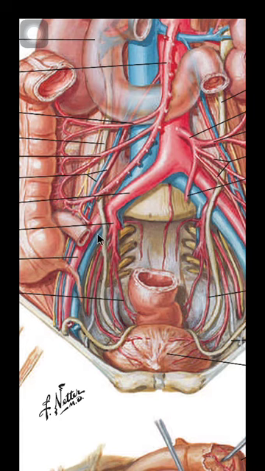Laterally, the lateral relations of the first part of the ureter are, one by one: the obliterated umbilical artery, which gives the median umbilical ligament and superior vesical artery. Now this is the obturator artery.